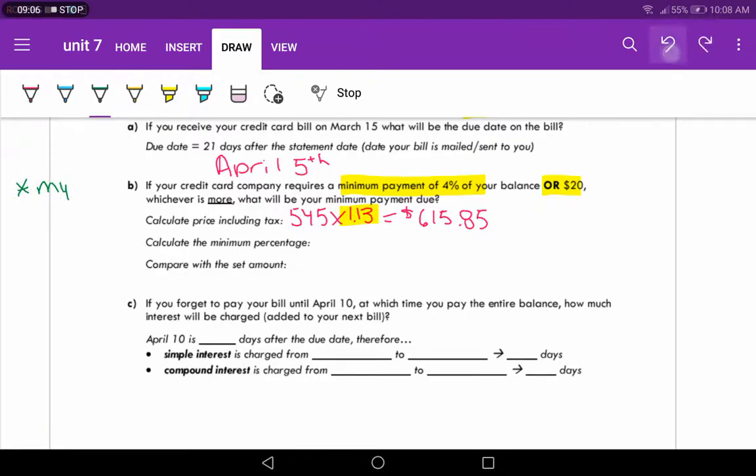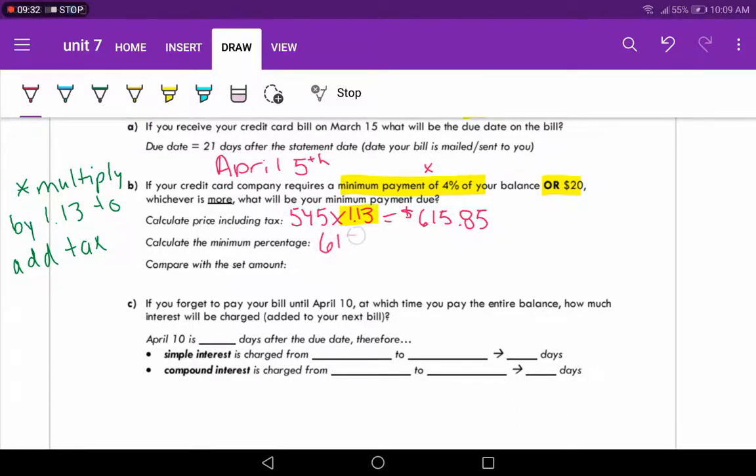Multiply to add tax. Okay, so calculate the minimum percentage. So it's saying 4% of that total. So anytime you see the word of actually means multiply.